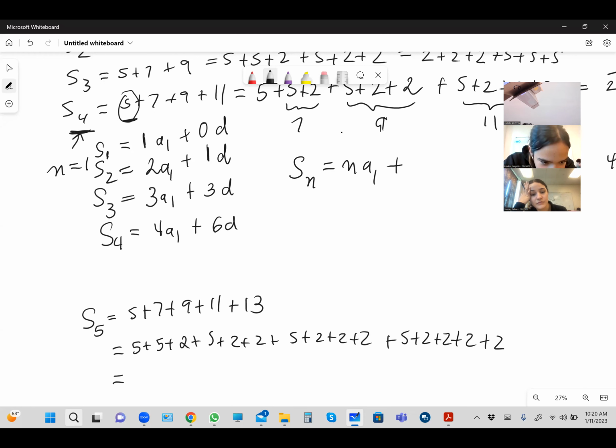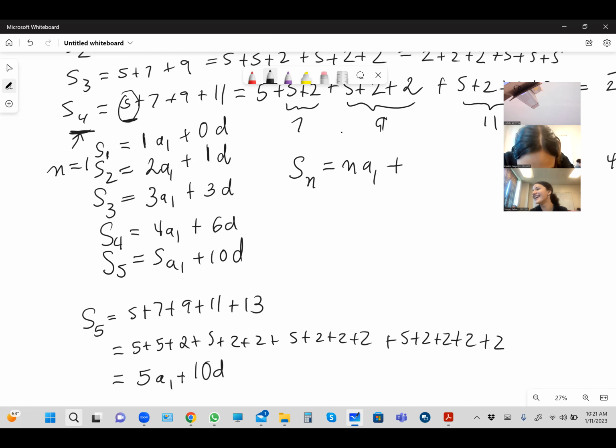If I did everything right, we have 5 5s, right? So we got 5 A's of 1s. And how many 2s do we have? 1, 2, 3, 4, 5, 6, 7, 8, 9, 10. We have 10 Ds. So for S of 5, we have 5 A's of 1 plus 10 Ds.